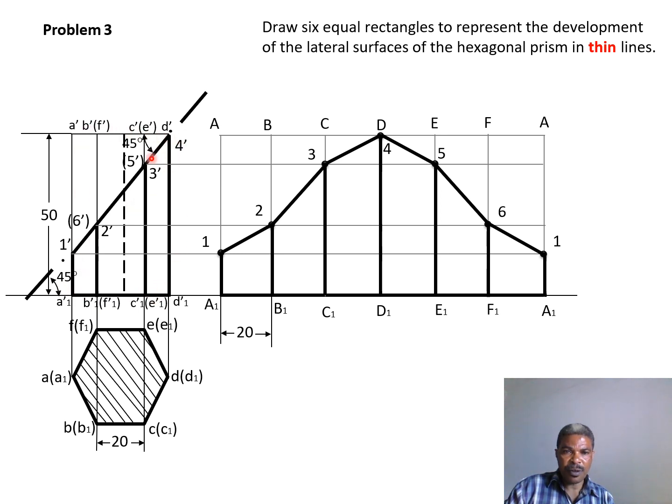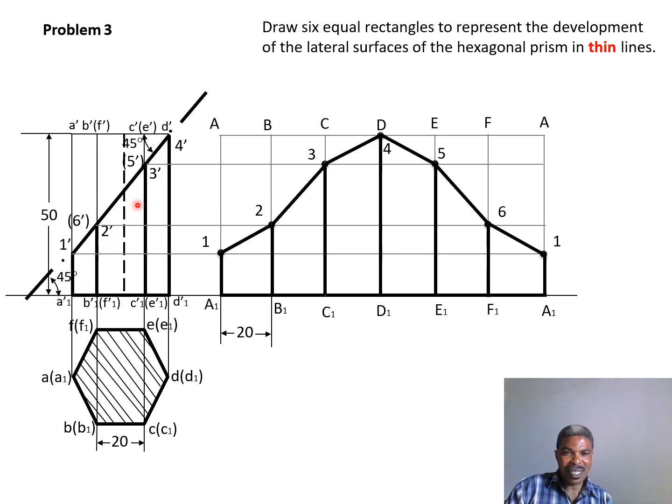Then from the top right corner, this edge is touched, ensuring our truncation line forms 45 degrees with the horizontal plane. You can see the horizontal plane here, and here is 45 degrees.